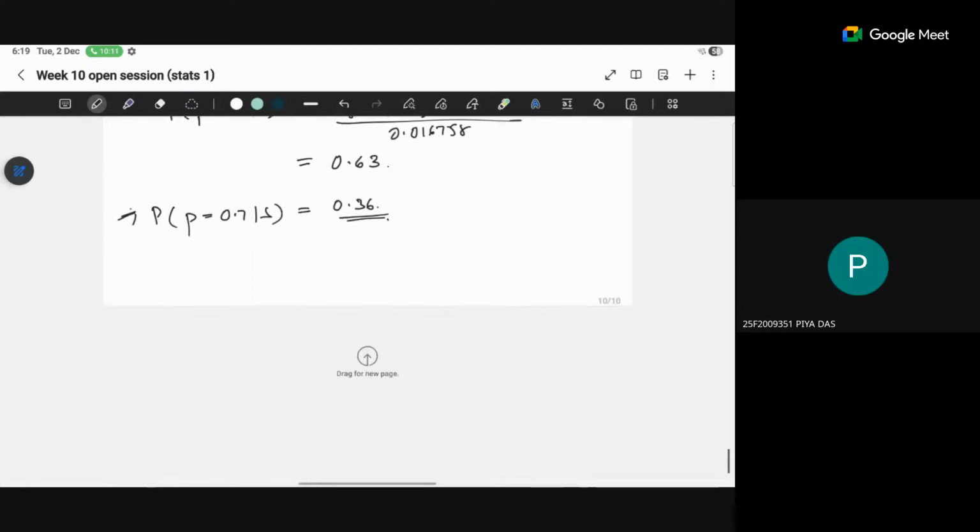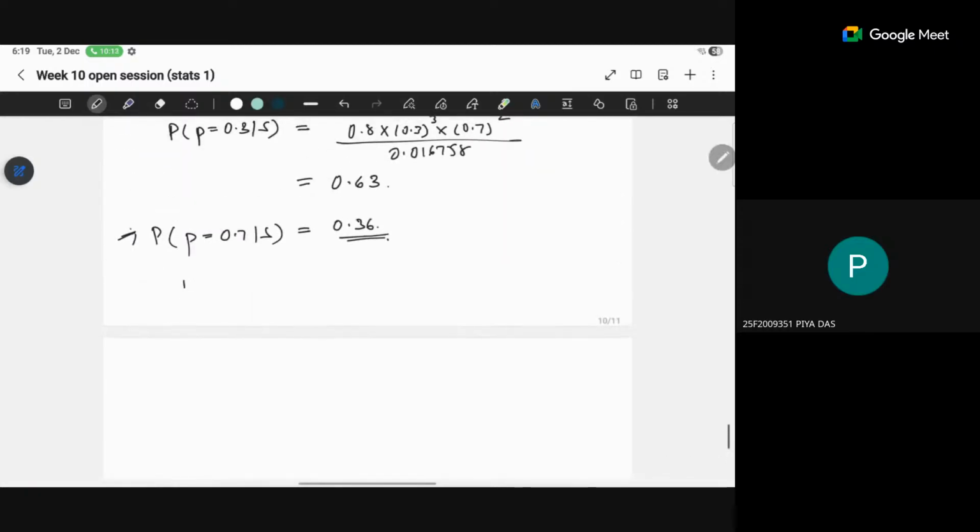So now the posterior mode is basically what? What is my posterior mode? If you see here, my probability when P is 0.3 is 0.63, and when P is 0.7, it's 0.36. So whose probability is the highest? For P equals 0.3. So this is my posterior mode.